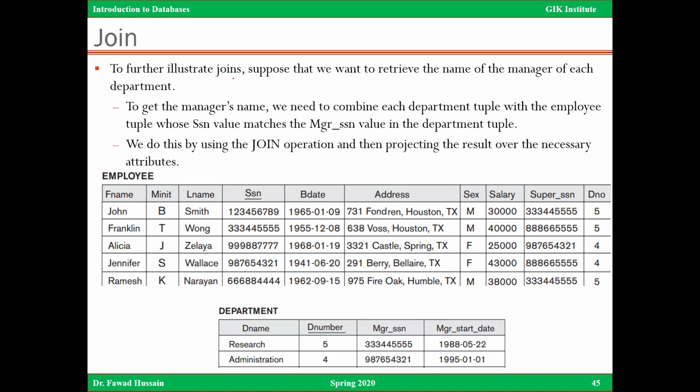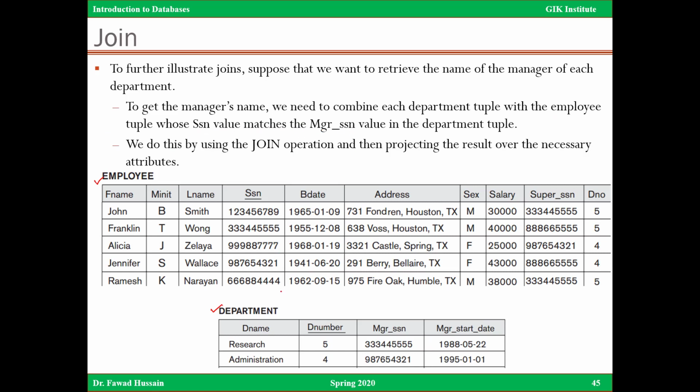To further illustrate join, suppose we want to retrieve the name of the manager of each department. If these are the two tables, you have this table and this table. To get the manager's name, we need to combine each department row with the employee row whose SSN value matches the manager SSN.